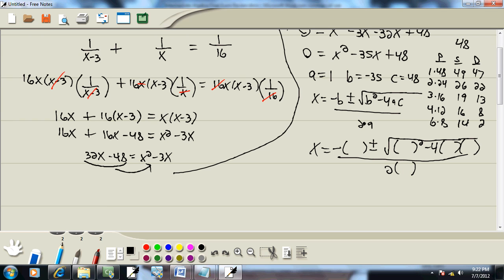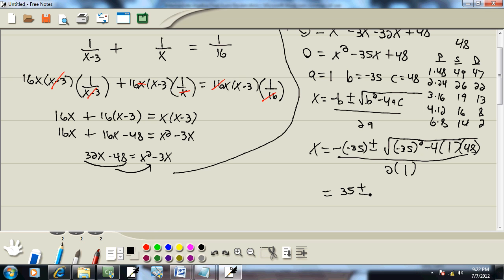So let me see. B was negative 35. So I got negative 35 squared there, minus 4 times A, which is 1, and this is 1. And then C, which is 48. And I'll get my calculator handy here. Okay, so that gives us, negative negative gives me a positive.